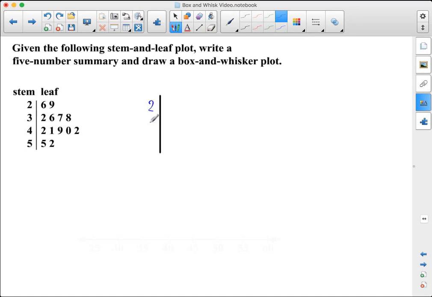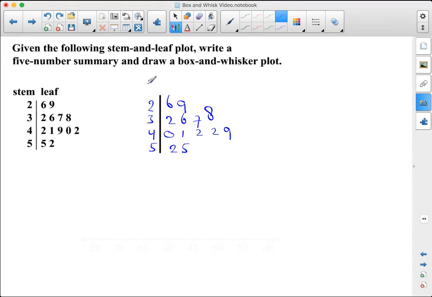So I'm going to redo it. 2, 3, 4, 5 is the stem, and the leaves are 6 and 9. 2, 6, 7, 8, but then 0, 1, 2, 2, 9. And the last one is 2, 5.